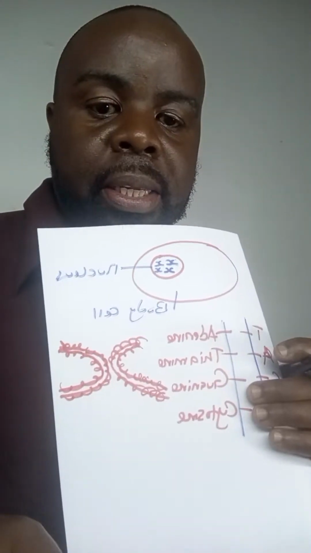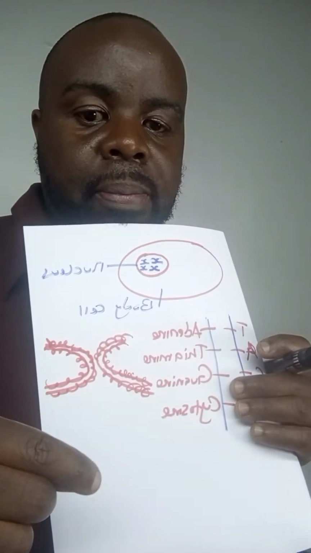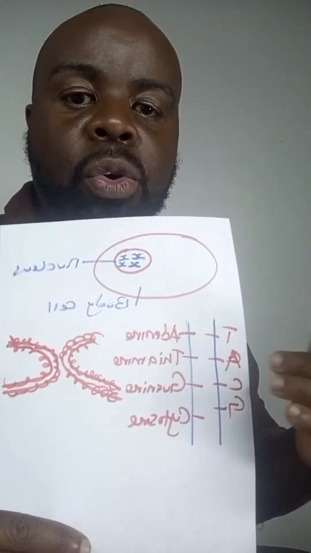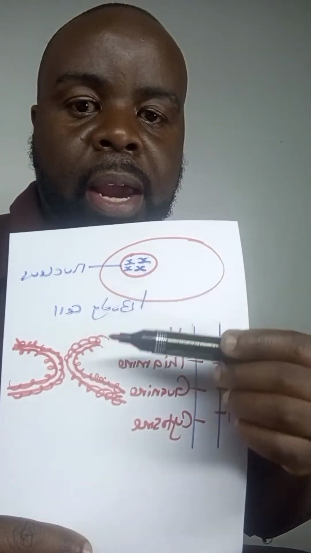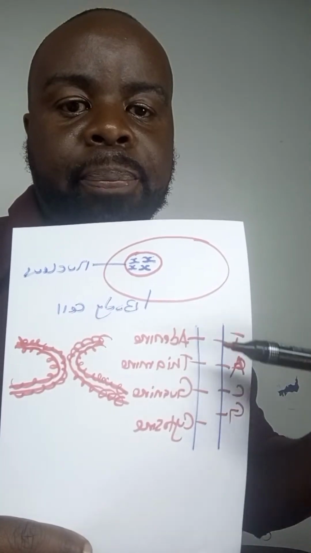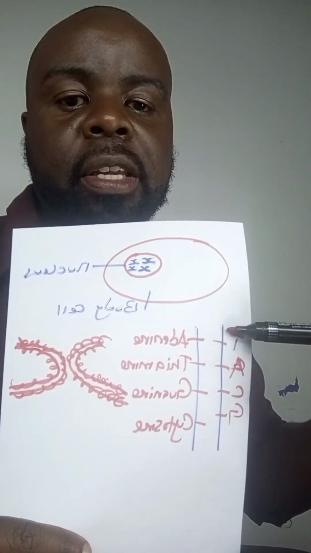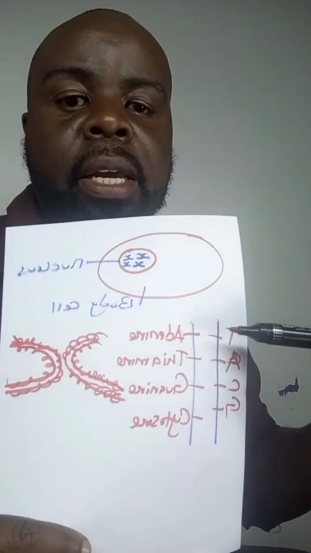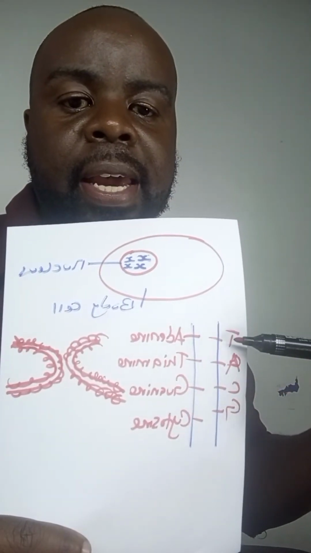I want you to watch this carefully. You see, this one strand, this blue thing here, looks like this, and this strand has nucleotides. Adenine binds to thymine.